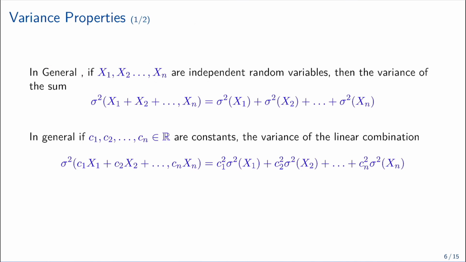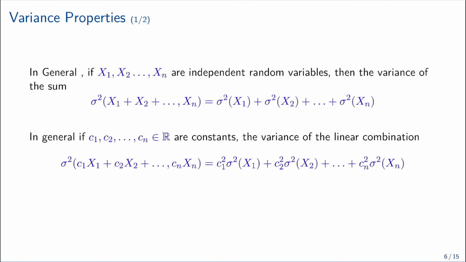Variance properties. In general, if x1, x2 to xn are independent random variables, then the variance of the sum x1 plus x2 plus xn is equal to the sum of the variance of x1, the variance of x2, and so forth.